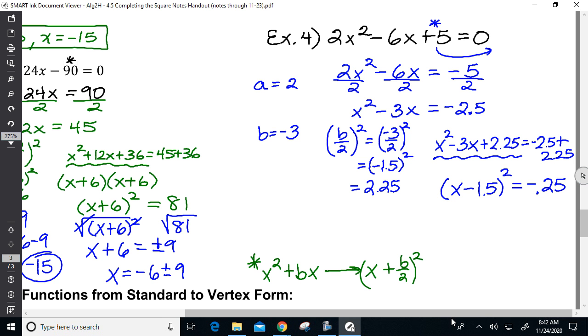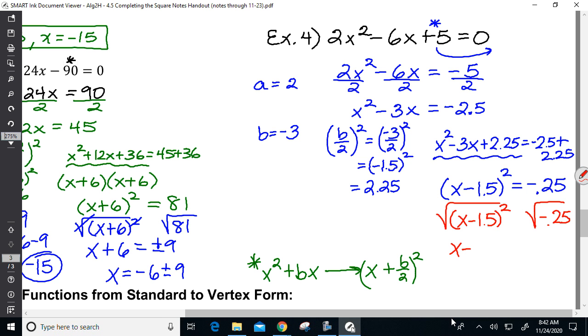Alright, so let's finish our problem. We've taken care of the factoring part. Take the square roots of both sides. On the left-hand side, the square and the square root drop out.